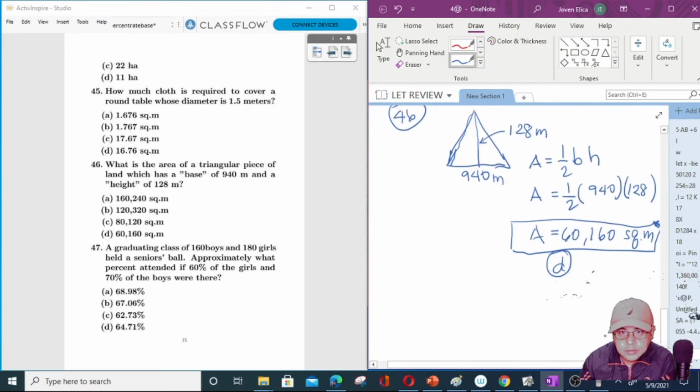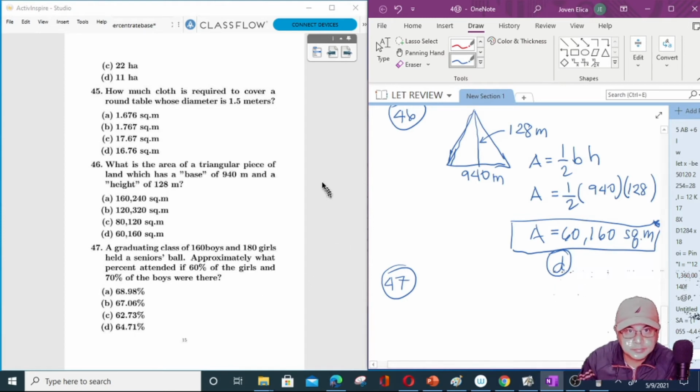Alright, so number 47. Number 47 doesn't involve any formula here. This is analysis again. Let us analyze. A graduating class of 160 boys. So boys is 160.